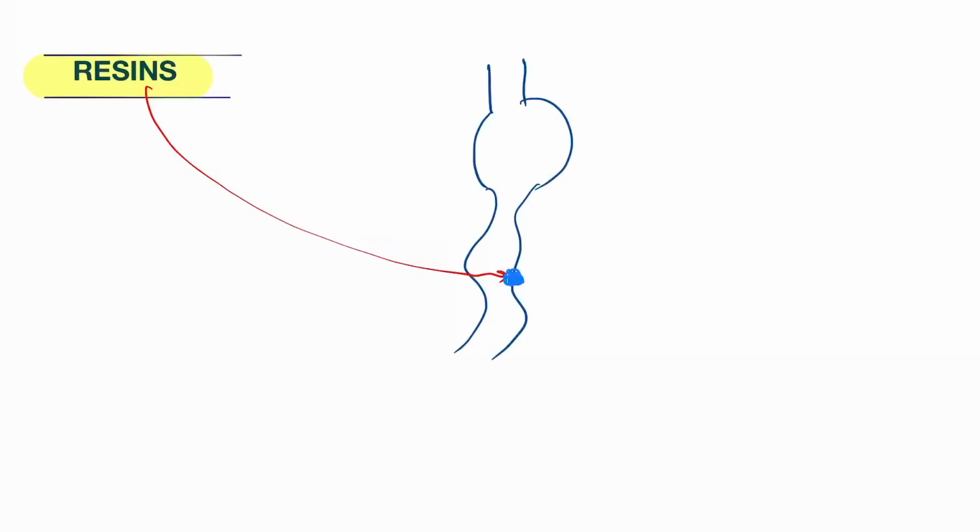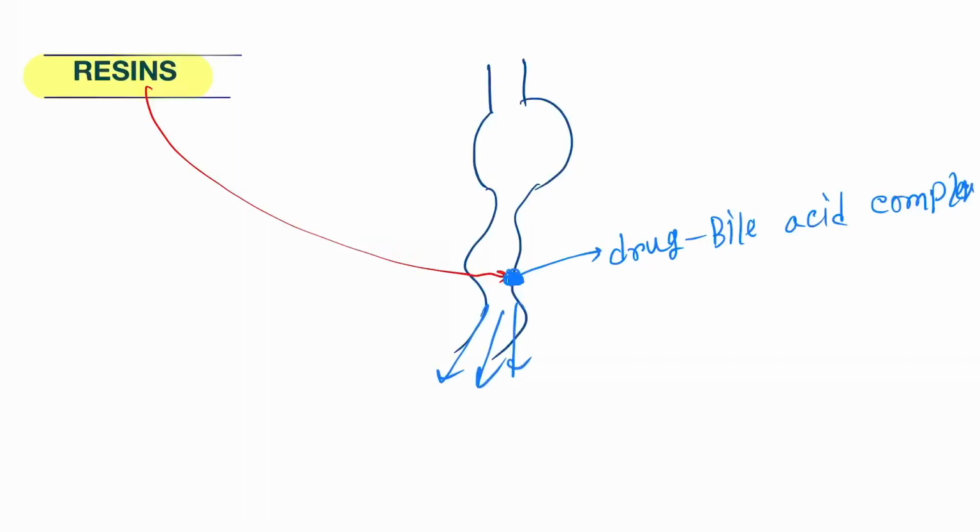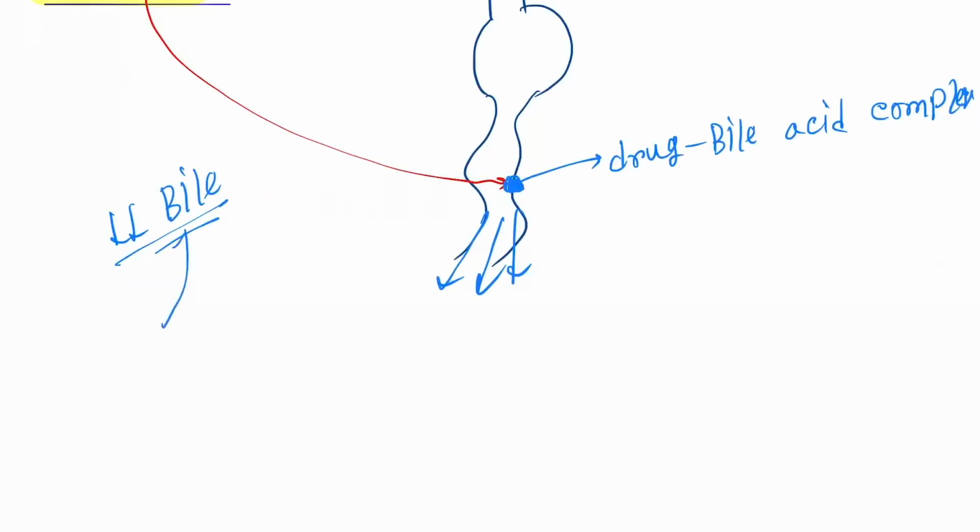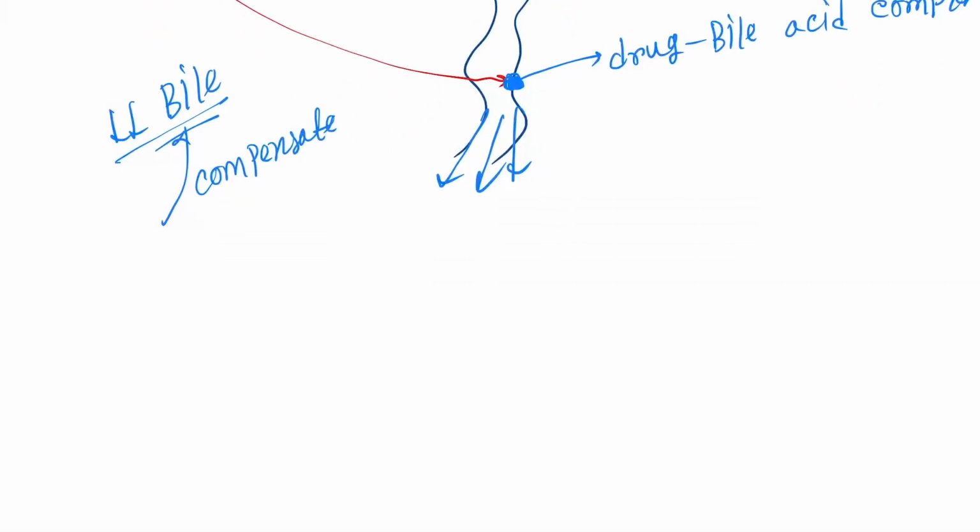This resin and bile acid complex is carried out of the body. So what will happen? The amount of bile will decrease. To compensate, the liver will produce more bile, and for this it will need cholesterol.